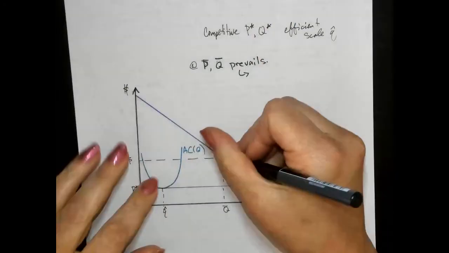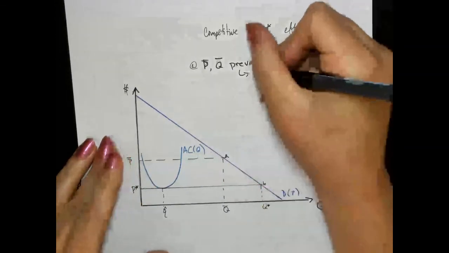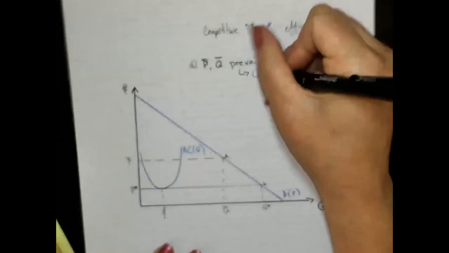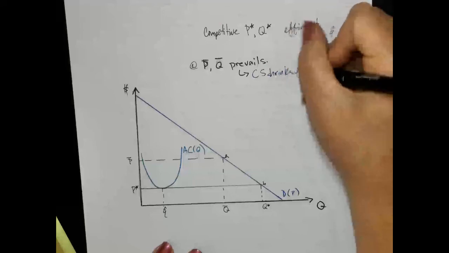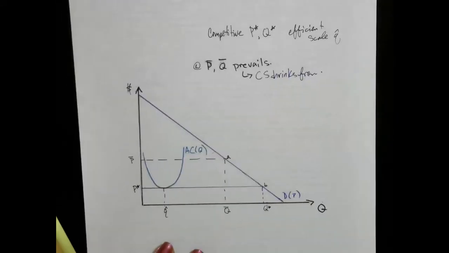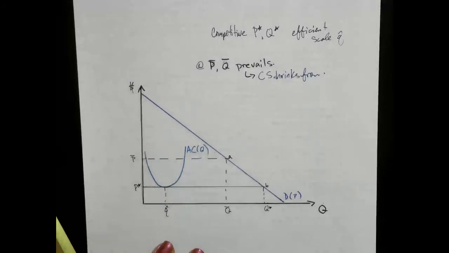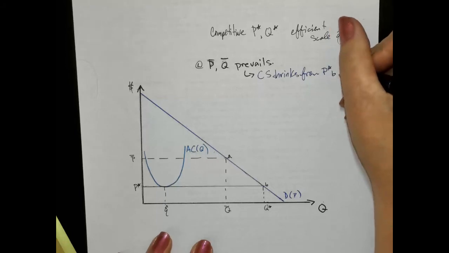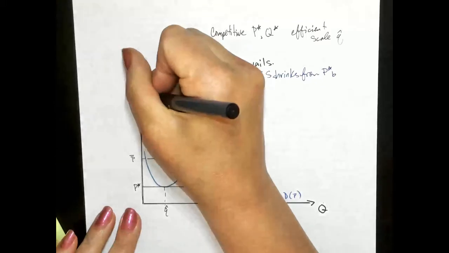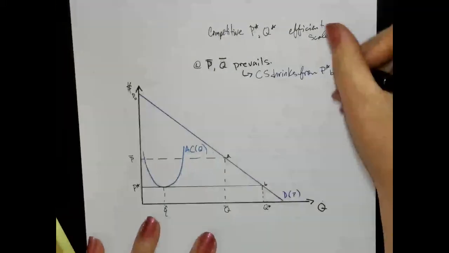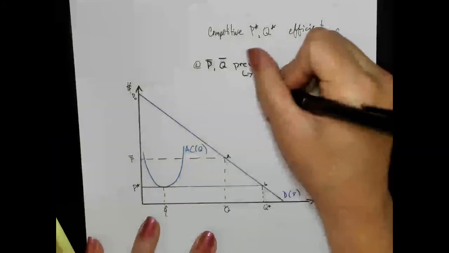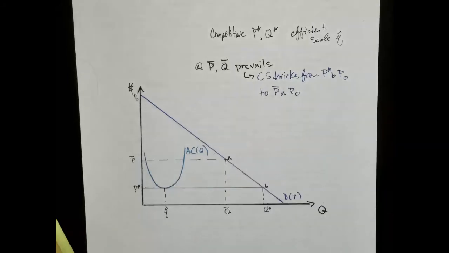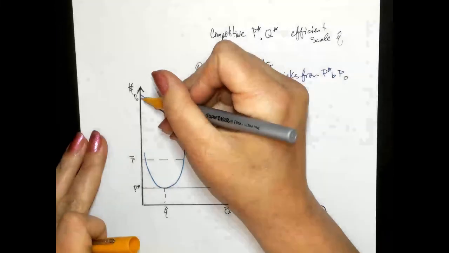This is one of the tricks the book uses: if this is point A and this is point B, then we can say that consumer surplus shrinks from the triangle P star B P naught to the triangle P bar A P naught.